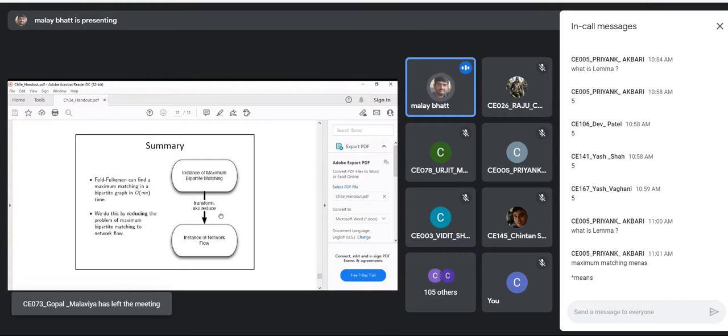It is constant, because you just have to assign the value 1 to all the nodes in the group L from the source node, and similarly create the edge from the R nodes to the terminal node with value 1. So the Ford-Fulkerson method can find a maximum matching in a bipartite graph in O(mn) time. And we do this by reducing the problem of maximum bipartite matching to the network flow.